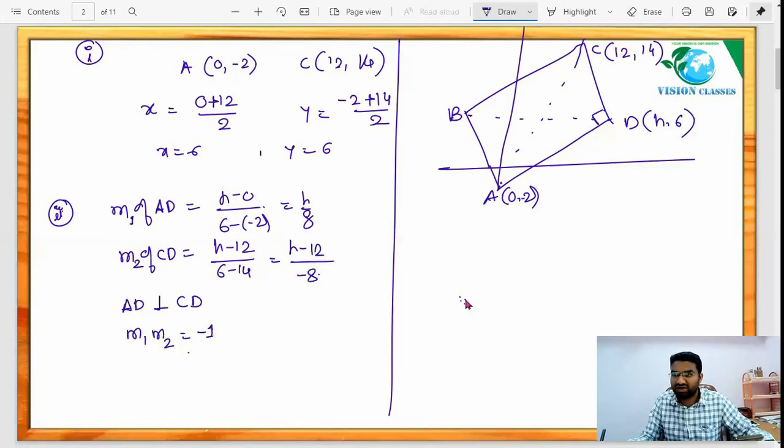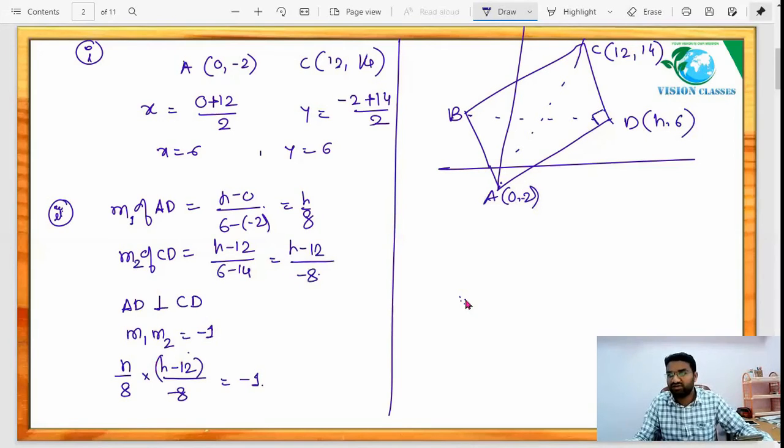Solving this equation, we get h squared minus 12h minus 64 equal to 0.